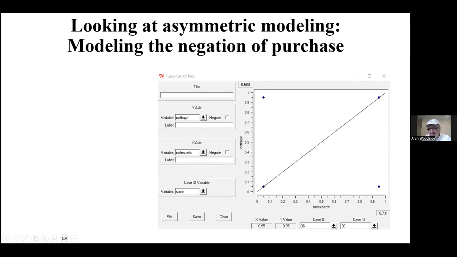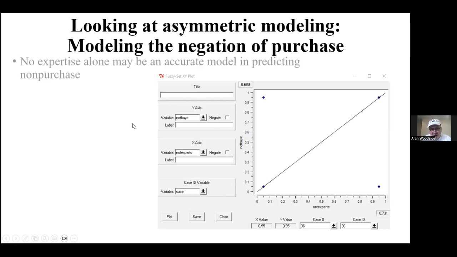So the number of people in the upper right-hand dot is greater than the number of people in the upper left-hand dot. So there's more people who end up not purchasing than purchasing. But again, we want to achieve an accuracy of about 5 to 1, 4 to 1, 7 to 1, and this model doesn't do it.